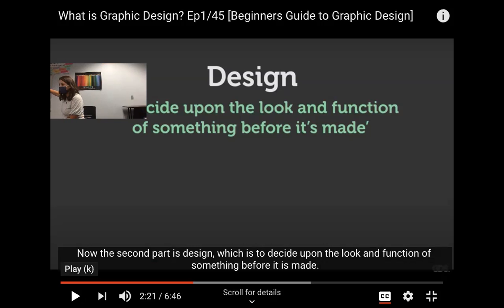Design is where the subjectivity comes in, right? Where you decide upon the look and the function of something before it's made. This is where the creativity happens. This is what's going to make you a good graphic designer or a not so good graphic designer, are your decisions.